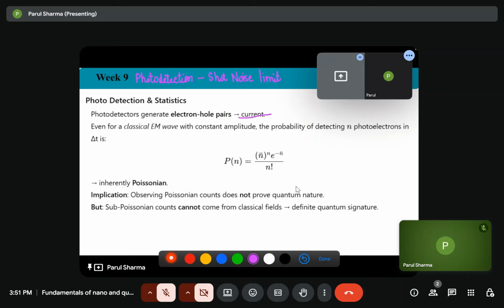So what is happening in this case? So, we have an electromagnetic field which is incident.